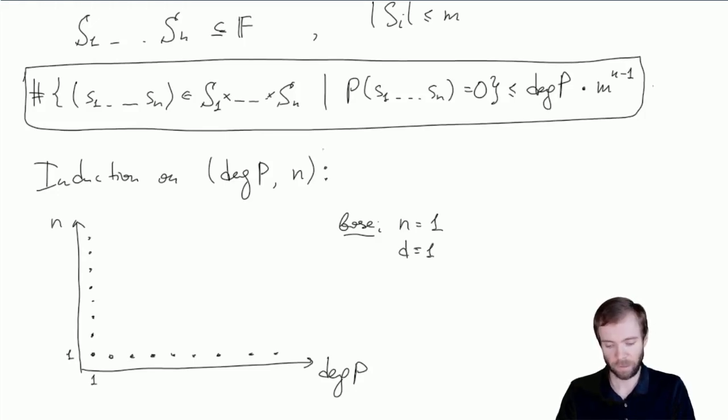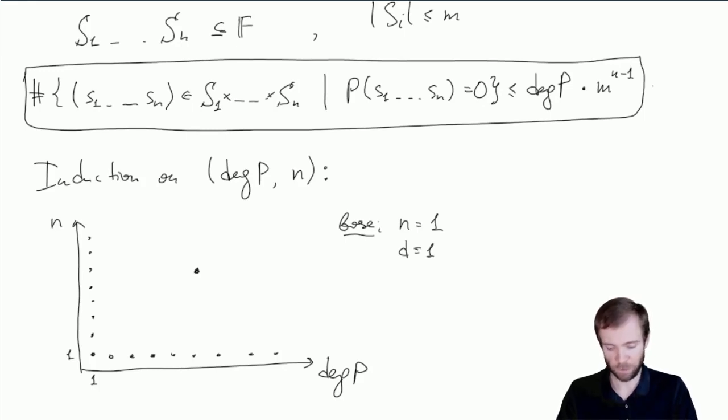And then, taking some pair of a polynomial of some degree and some number of variables, we'll prove the validity of our proposition for this pair by relying on the validity of the same proposition for some pairs which have at least one of the parameters smaller.